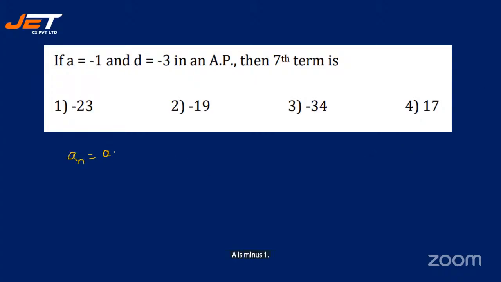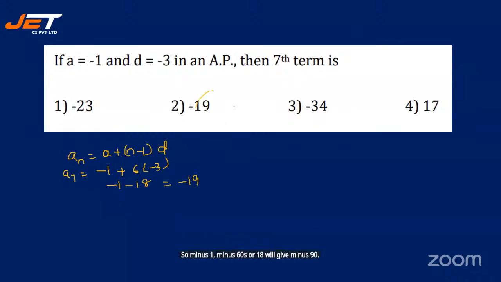AN is equal to A plus N minus 1 into D. So we are taking A7. N minus 1 is 7 minus 1, 6 into minus 3. So minus 1 minus 18 will give minus 19. So your answer must be option 2.